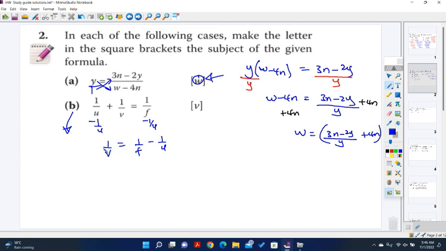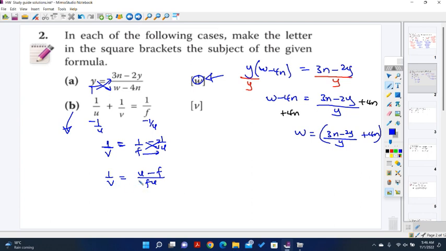Now, before I do anything else, I need to first simplify the fraction on the right. So the fraction on the right, I'm just going to do the crisscross. That is 1 times u is u, 1 times f is f, f times u is fu, and this is 1 out of v.